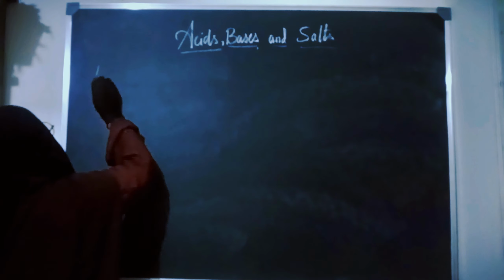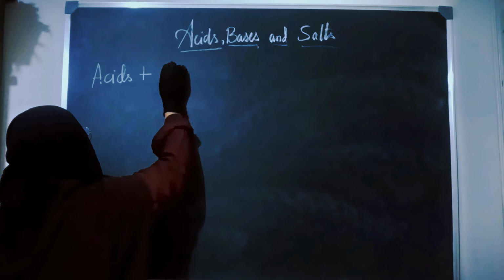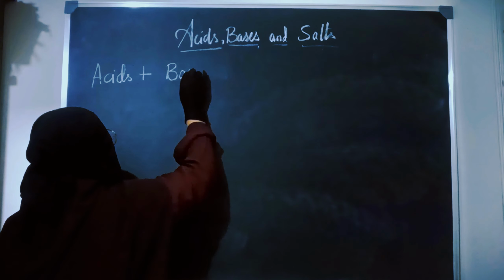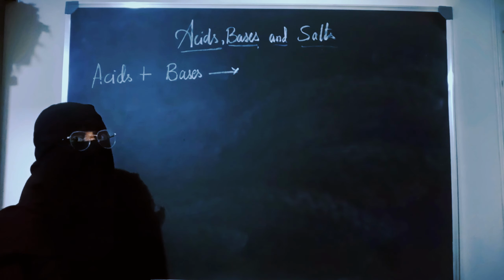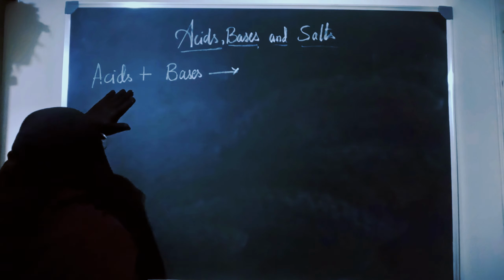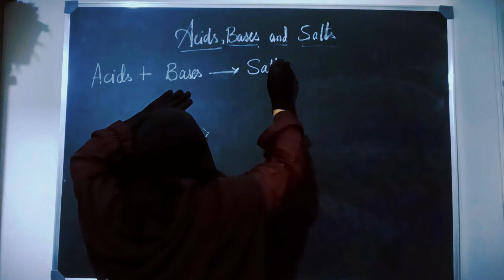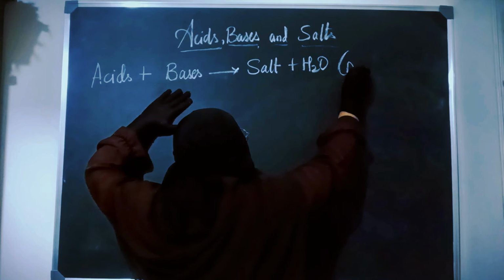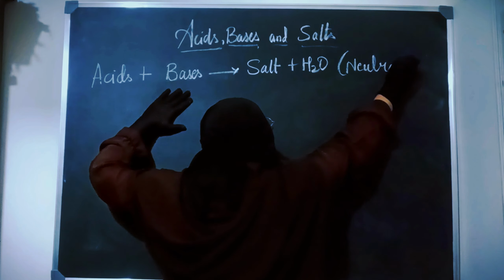Alright, so we are going to see what will happen if I make acids react with bases. We have been studying this concept since 7th grade, wherein we know that whenever an acid is made to react with a base, it leads to the formation of salt and water, and this reaction is called a neutralization reaction.